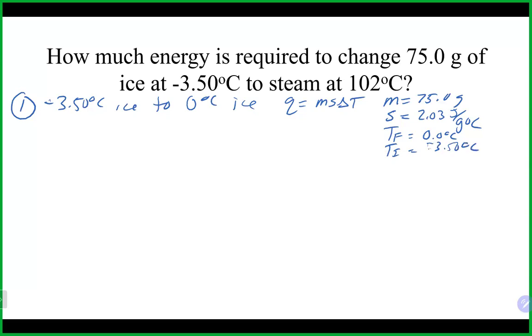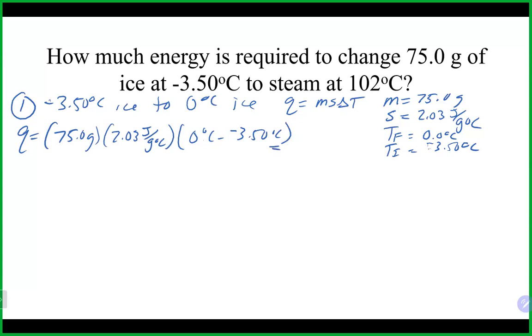So for that very first step, we would go into our specific heat equation, again making sure to use the proper specific heat capacity for ice. We want to do our final, which is 0, minus our initial.